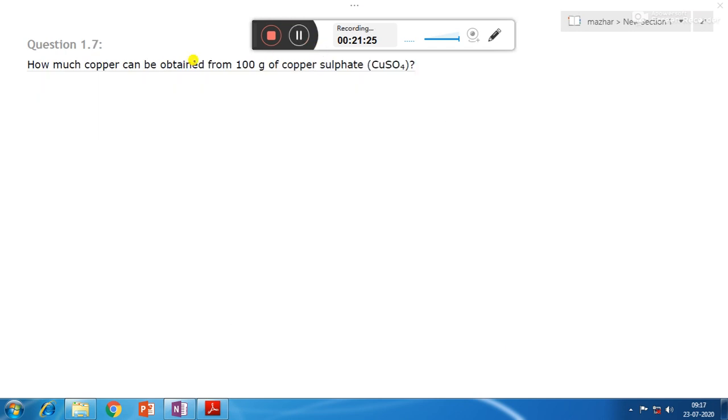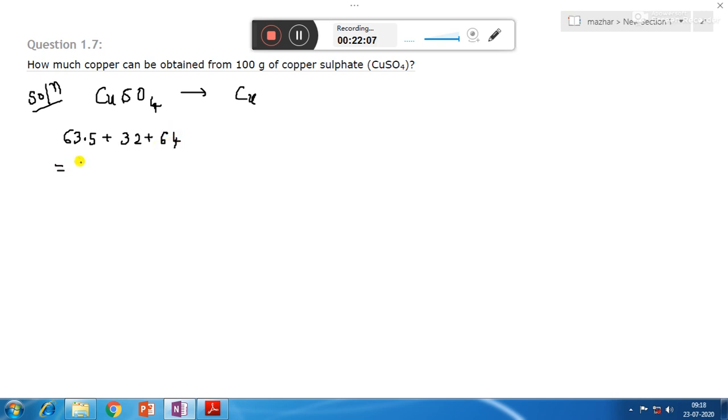Now next question, number 7. How much copper can be obtained from 100 gram of copper sulfate? So here we have to find out the amount of copper formed from copper sulfate. Now the molar mass of copper sulfate will be atomic mass of copper 63.5 plus atomic mass of sulfur 32 plus 4 times atomic mass of oxygen 16, so 16 fours are 64.